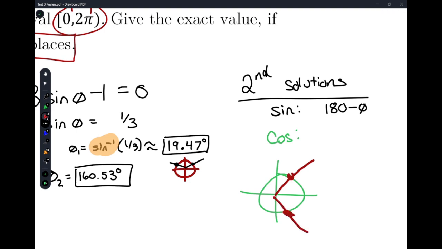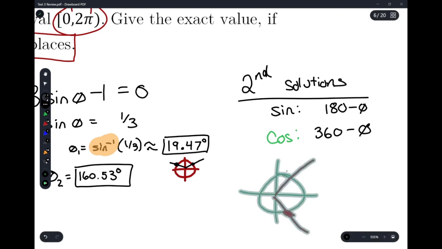How do you get there? It's 360 minus theta. Pretty darn similar. You just went all the way around.